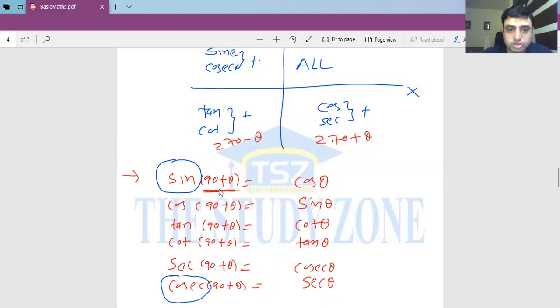So we will write plus here, and plus here. The rest four are negative. Isn't it very easy? So now you have studied 12 new formulas: 6 for the first quadrant, 6 for the second quadrant.